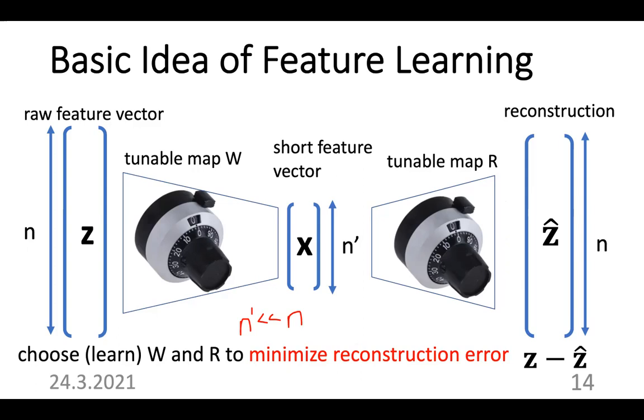The set or the ensemble of all these maps obtained for different choices for the weights is called the linear hypothesis space, and this one is used by linear regression. By the way, this hypothesis space is also used by other machine learning methods that we talked about so far. It's not only used by linear regression. Does anybody know another machine learning method that uses linear maps?